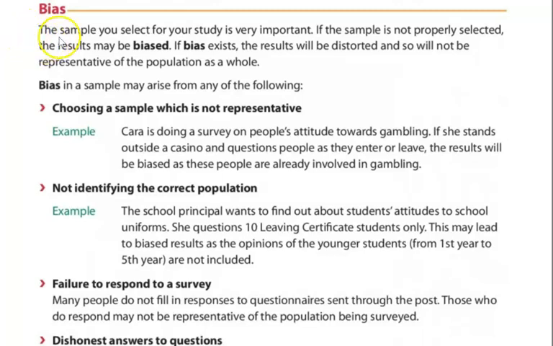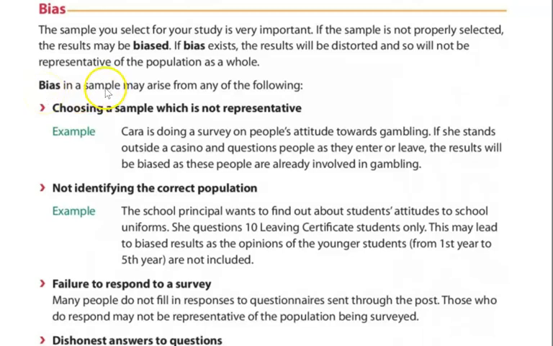Bias. The sample you select for your study is very important. If the sample is not properly selected, the results may be biased. If bias exists, the results will be distorted and so will not be representative of the population as a whole.